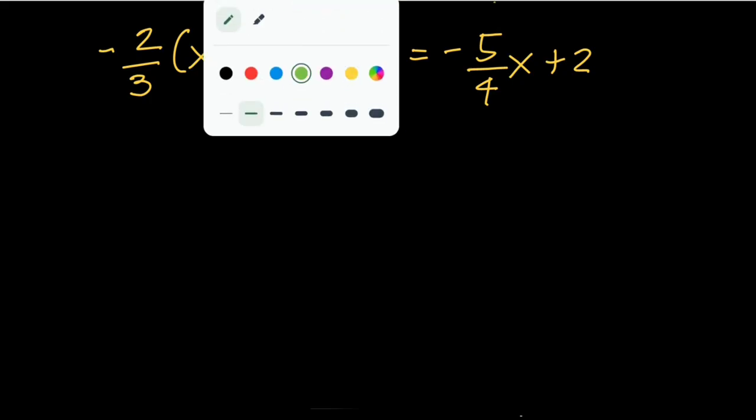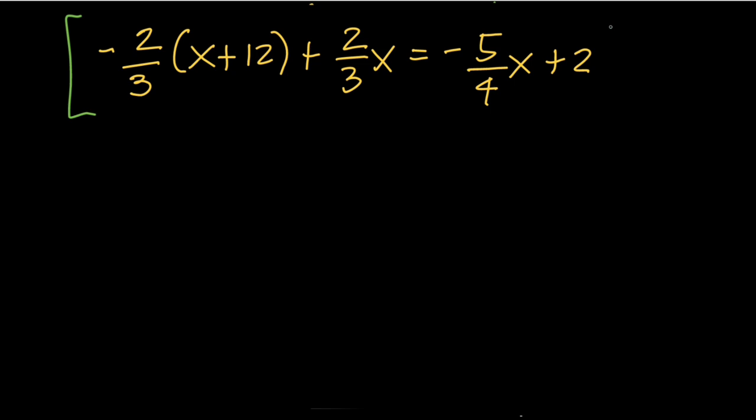What are we going to do here? Maybe we should multiply both sides by 12, because 12 is the smallest number that can divide both 3 and 4. So we can get rid of the fractions. Okay, what do you think?